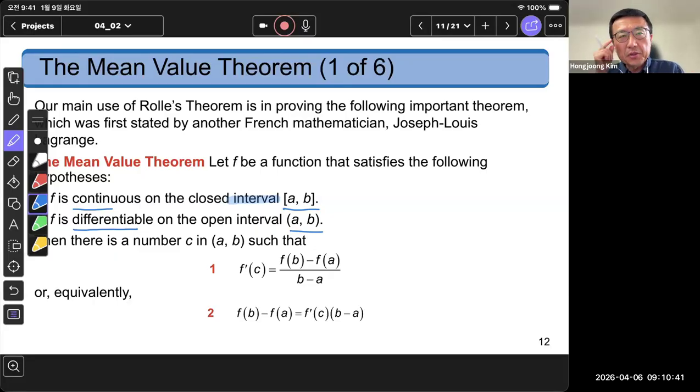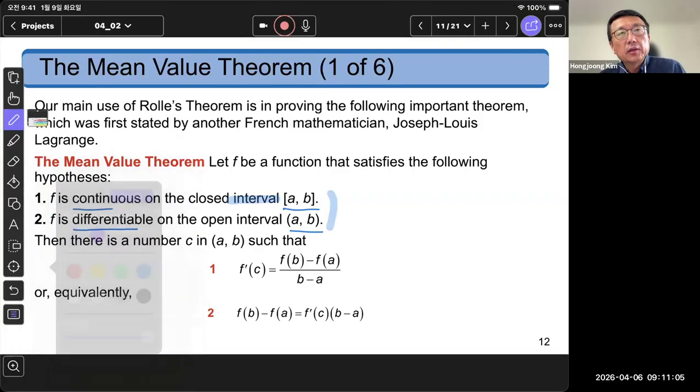On that interval, including the endpoints, the function is continuous. And without these endpoints, the function is differentiable on the given open interval. Those are the two hypotheses of the mean value theorem.